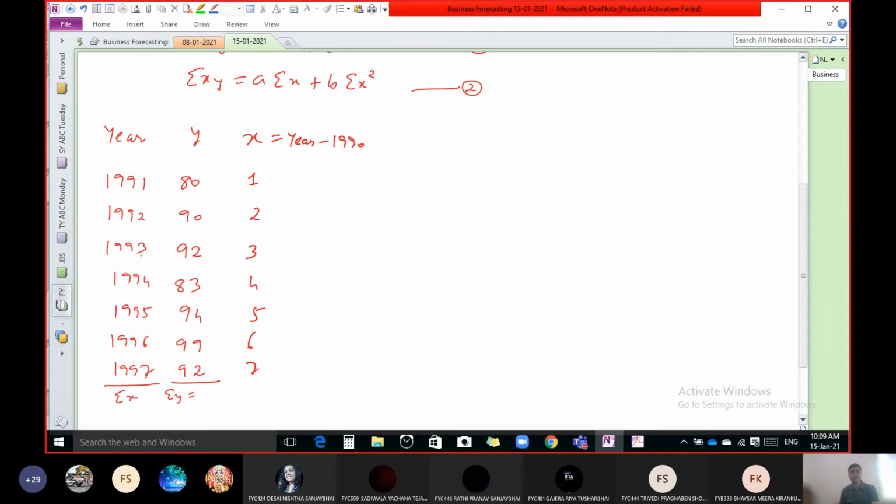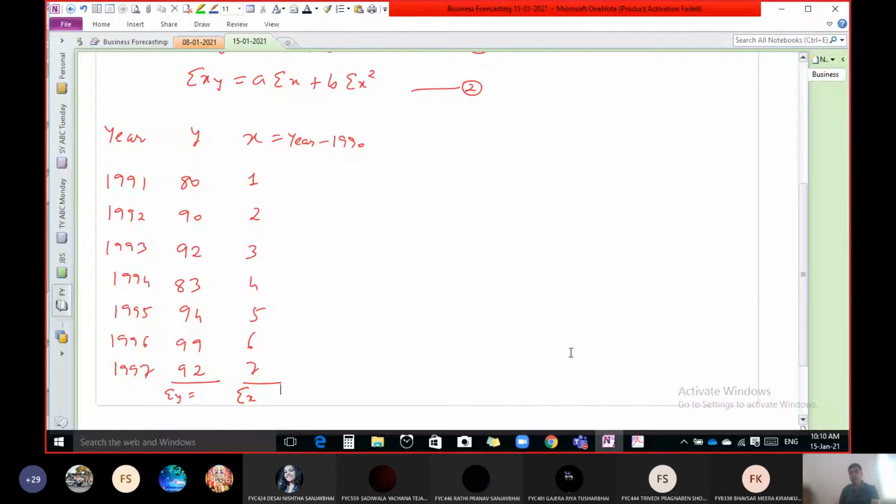If we subtract 1990 from that, we get 1, 2, 3, 4, 5, and just add this. Instead of adding all those numbers, you can add these, so we get sigma x. Now obviously the square of this is simple, and the multiplication of different values of x with corresponding values of y is also simple. But listen carefully.